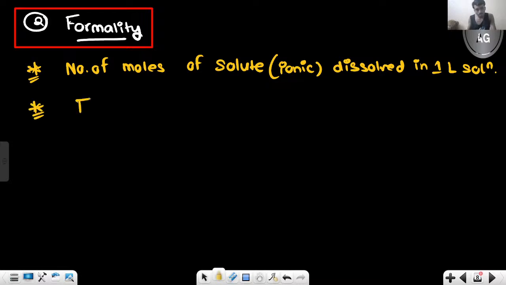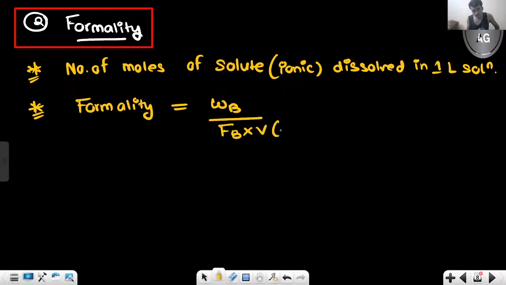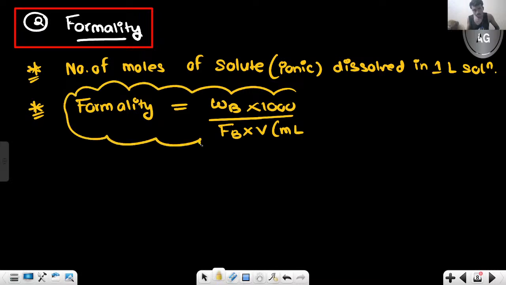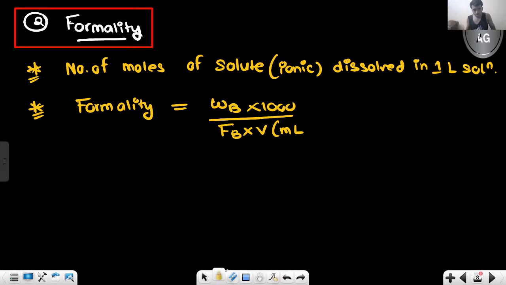If I am going to find the formula, then formality will be the same formula. I am writing the most used one: WB divided by FB into volume in mL into 1000. This is the formula that you are going to remember.